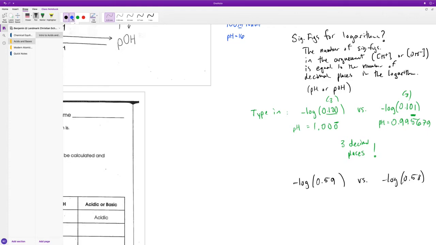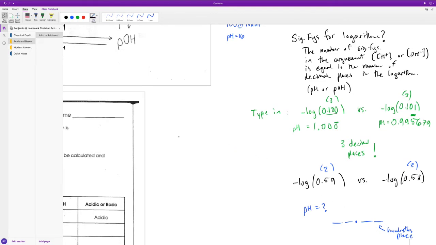Okay, so the prediction is we've got 2 significant figures here. So in the pH, it's going to be off in this decimal place here, the hundredths place. 2 decimal places. That's where our uncertainty will be, and we should round it to the hundredths place.